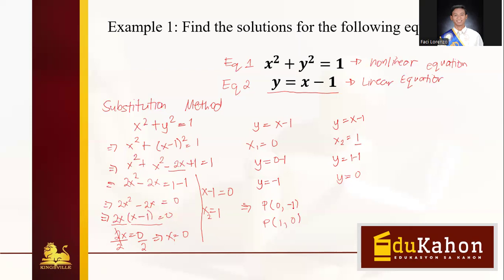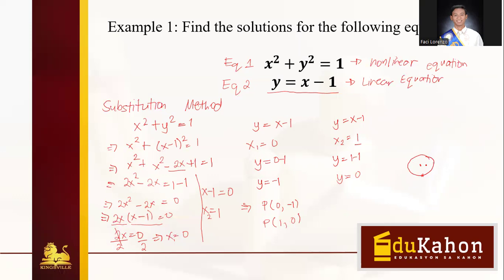So meaning these are the points of intersection of your circle and the nonlinear equation. If we try to see this graphically, we have a circle, and the line will intersect the circle at 2 points, which are the coordinates 0, negative 1 and 1, 0. For example, this is the center of the circle at the origin, 0, 0, and 0, negative 1 is located here, and we also have 1, 0 here.